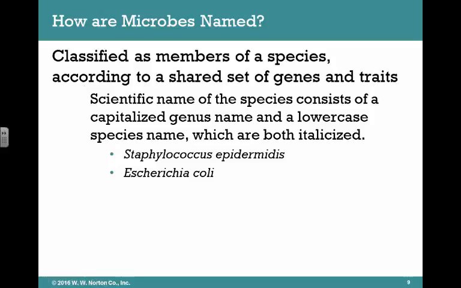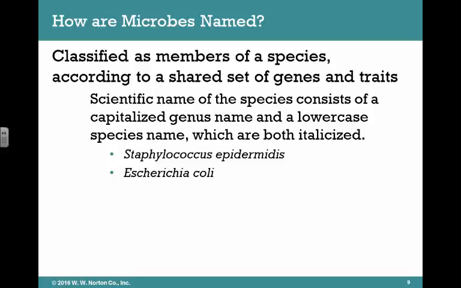All right, just an aside for a moment on nomenclature, because you'll see the names of organisms within your text, and I just want you to be familiar with how microorganisms are named.